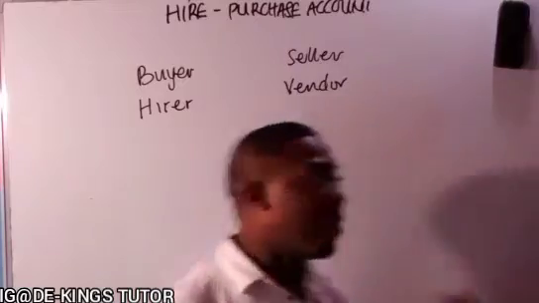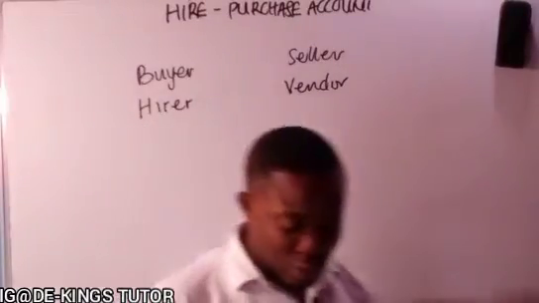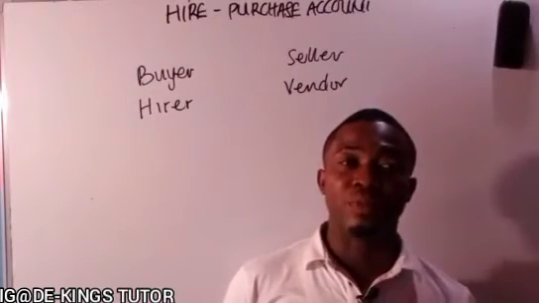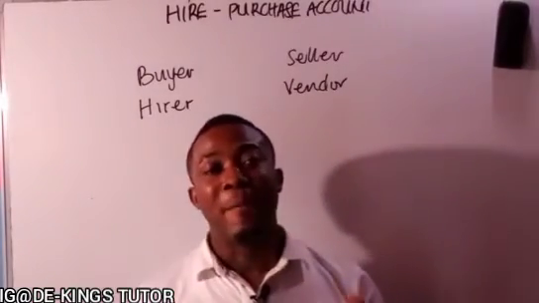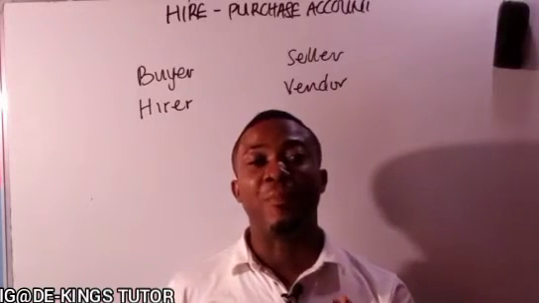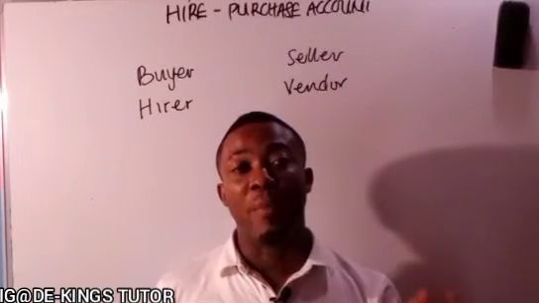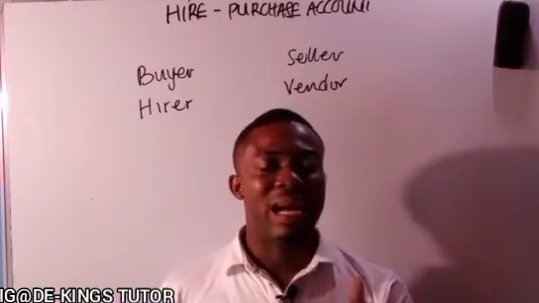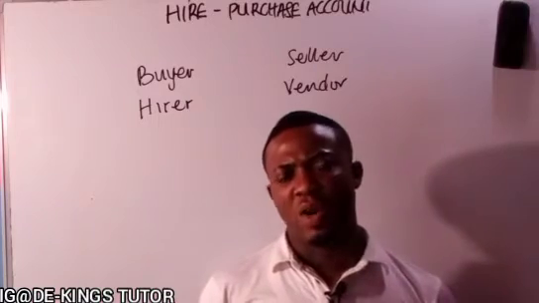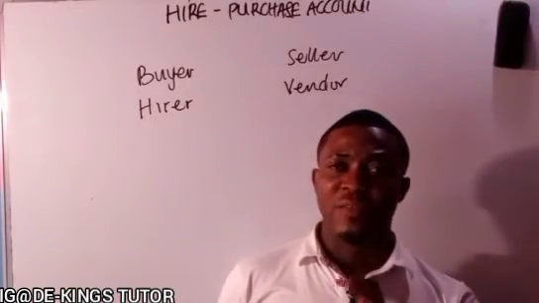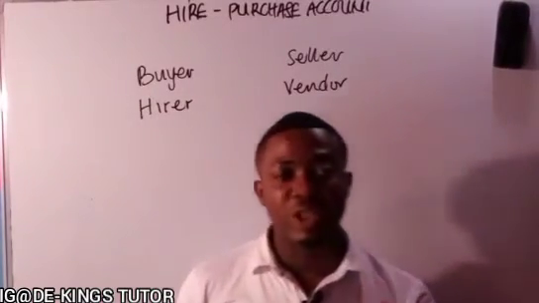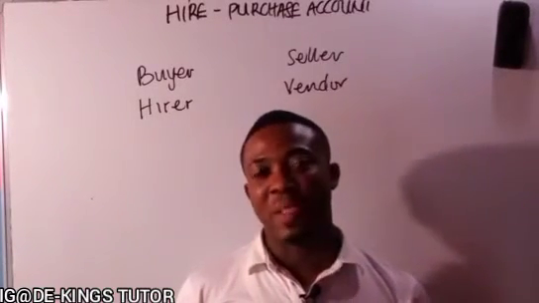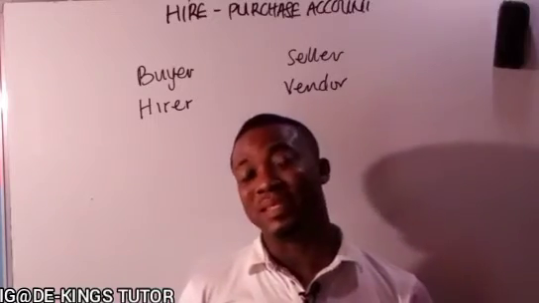So a hire purchase contract arises when a prospective buyer is allowed to take possession and use an asset pending when he makes full payment. That is when ownership moves from the seller to the buyer. Hire purchase is different from the sale of goods act, in the sense that for sale of goods, the ownership and the possession move immediately from the seller to the buyer, because the full amount is paid immediately.